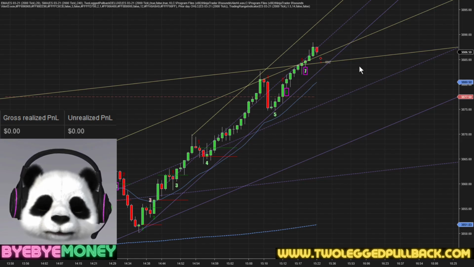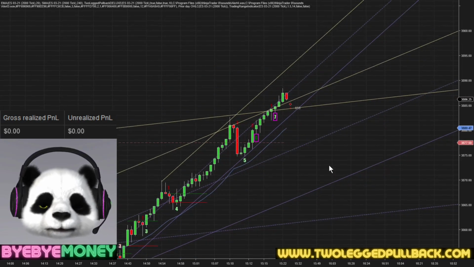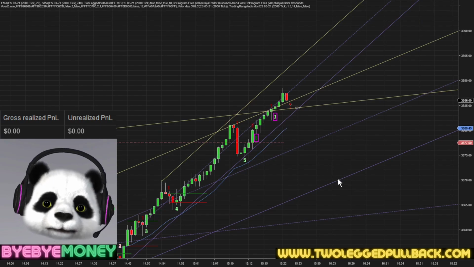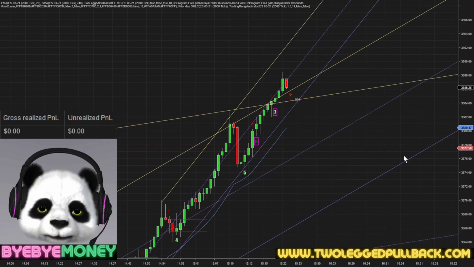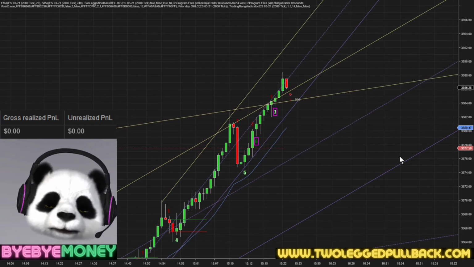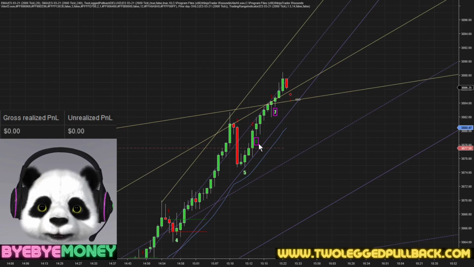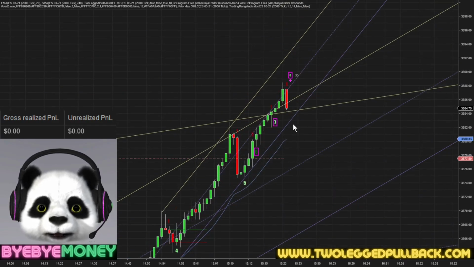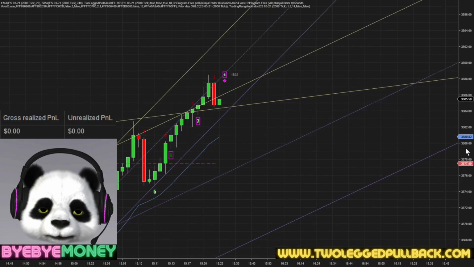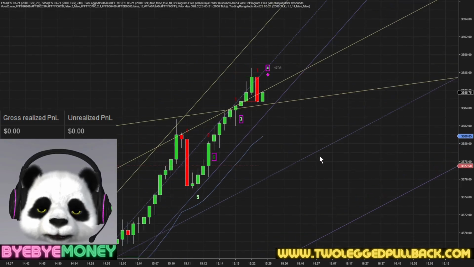Just no break of it yet. And so if we're trying to go short, we need some clear evidence that there is some weakness in this uptrend. It doesn't have to be a downtrend, but there must be some weakness in this uptrend. Otherwise, you get trapped out. You already have these two traps here. So yeah, that's why you wait, or else you get trapped out like that.